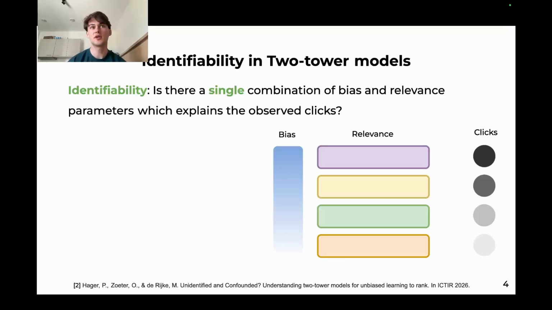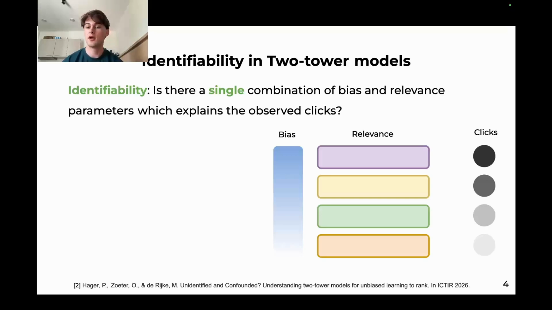However, a topic that has recently come up in some research is the topic of identifiability. Is there a single combination of bias and relevance parameters which explains the observed clicks? So to illustrate this, we have an example. We consider a set of click probabilities at 4 positions, with a lighter shade indicating a lower click probability.